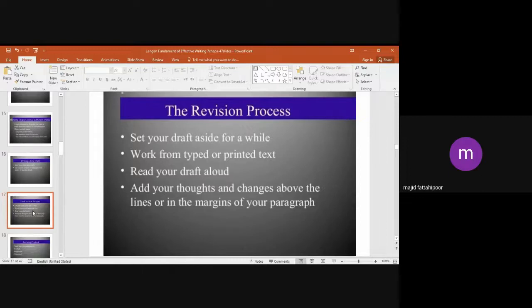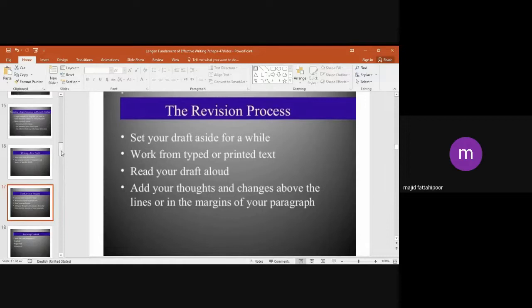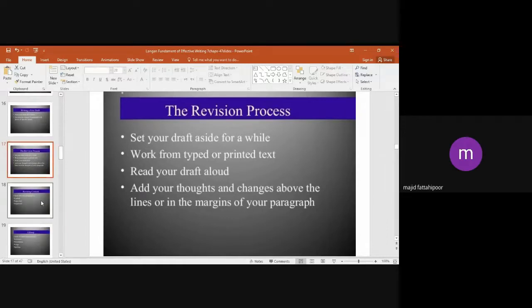You can do any of those. You can add your own thoughts and changes in the lines and margins of your paragraph. You can do any of those or all of those in the revision process so that you can refresh your writing and your organization of writing. Any writing with this stage of revision can get much more acute, much more effective, and much more successful.